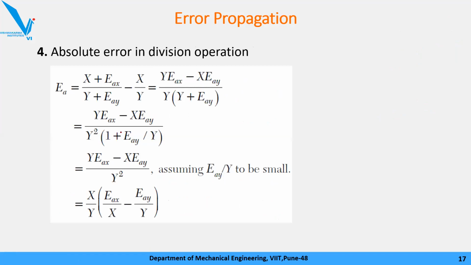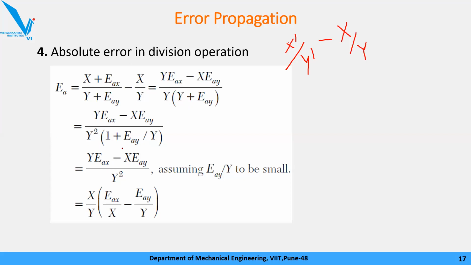Similarly, we go for division operation. In division what are we going to do, x dash divided by y dash, that is approximate value, minus true values. Okay, x divided by y. So this x dash is nothing but x plus error, y dash is nothing but y plus error. Okay, so let's do a little manipulation here. So y into this value, y square, y plus error in y, then cross multiplication, in that xy and minus xy will get cancelled, we get this term.